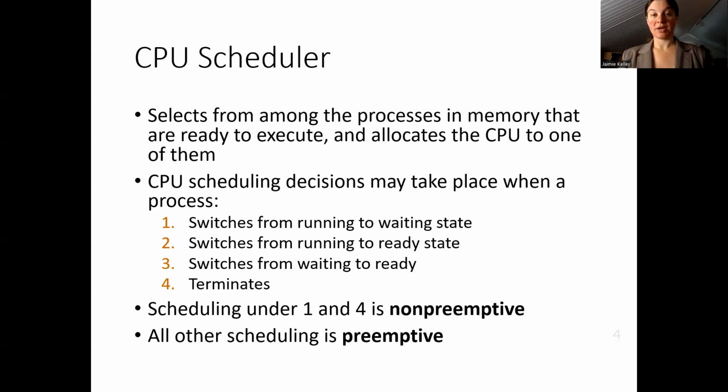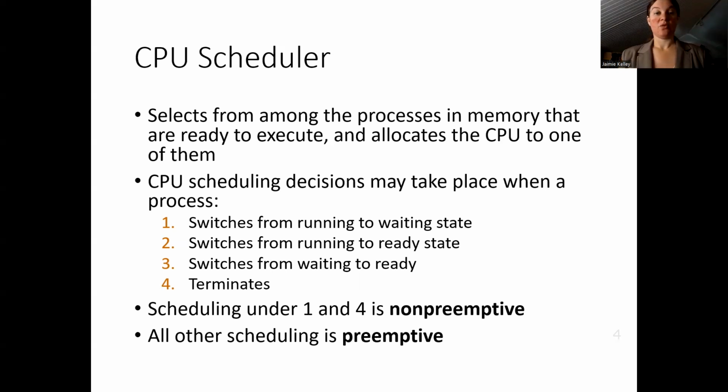If the running process gives up the CPU because it has issued a trap, then we consider that to be a time when the CPU scheduler is going to run in a non-preemptive way. However, if the CPU scheduler is beginning to execute because what just happened was an interrupt, most likely what just happened is that the currently running process was kicked off the CPU and sent back to the ready state.